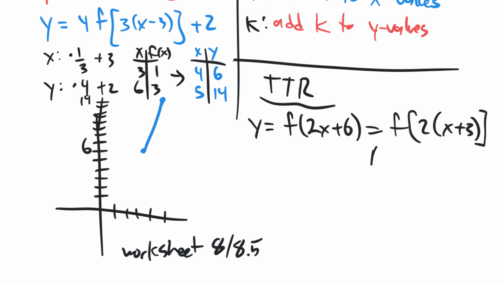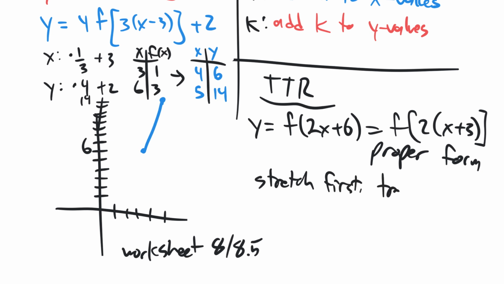So you have to have the proper form. And the other thing I would say is that you have to do the stretch first and the translation last. So the order that you do the transformation in matters, and mathematicians have decided that the stretches come first and the translations come last.